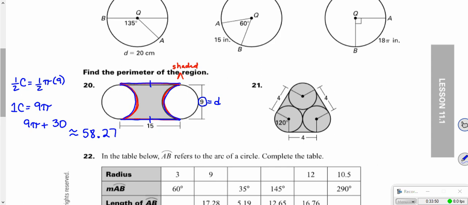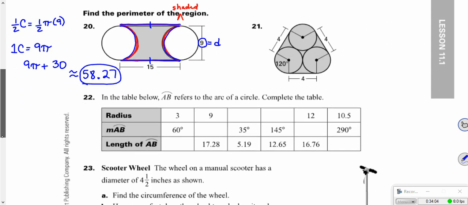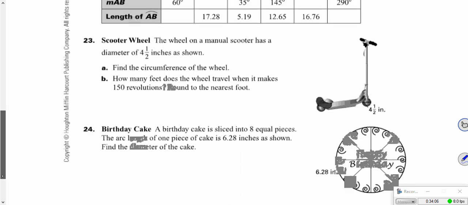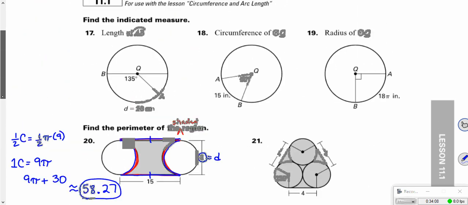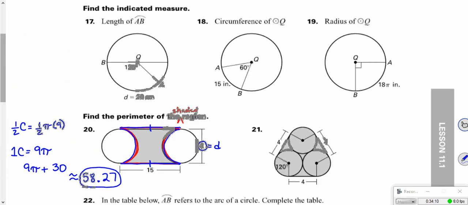They didn't tell me what the distances were measured in, so I'm just leaving it 58.27. Wanted to give you a heads up on that. I think everything else is pretty straightforward. Do what you can. So this should get you a good start here on section 11.1.